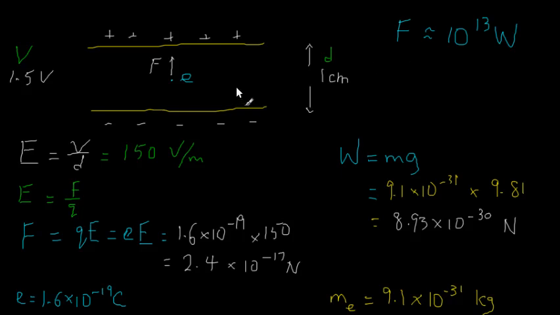So in the next session, when I want to calculate the motion of an electron in an electric field, it would almost always be okay, unless we're talking about forces in atoms, to just ignore the force of gravity when we do calculations with such problems.